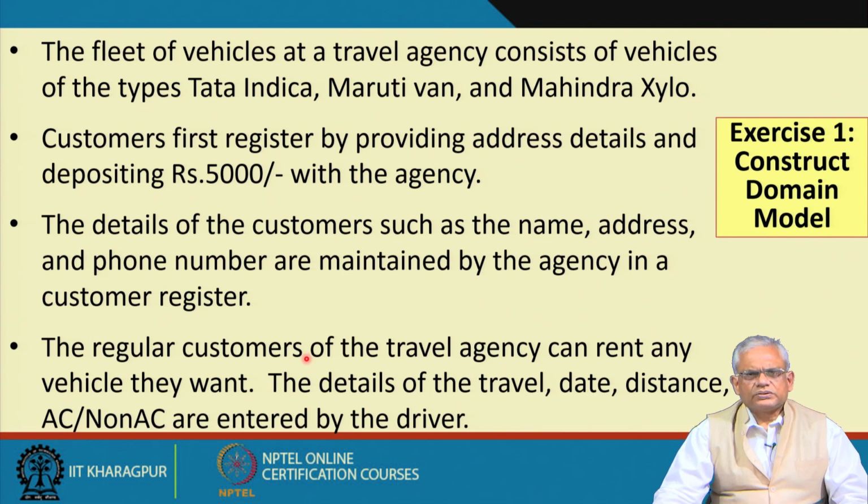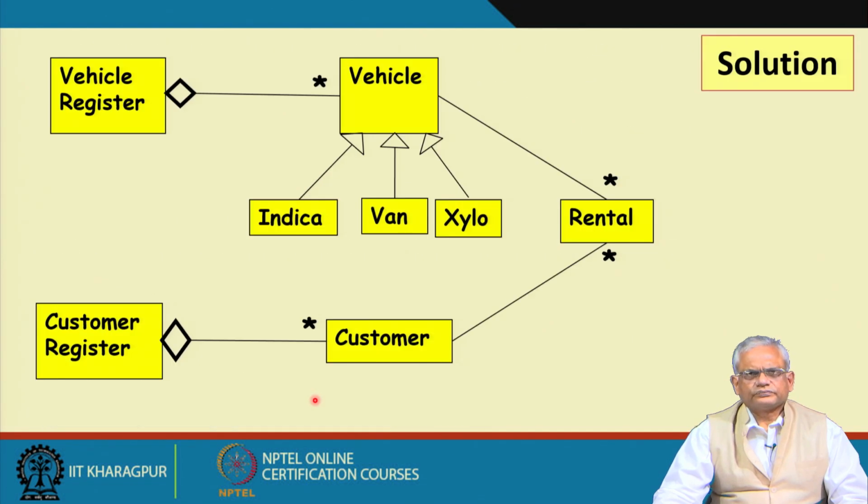And the regular customers who have registered can rent a vehicle, and the details they need to provide are which date they want to travel, the distance, AC, non-AC, etc. And then once the travel is complete, the driver enters these details, and we can draw the domain model here based on the problem description.